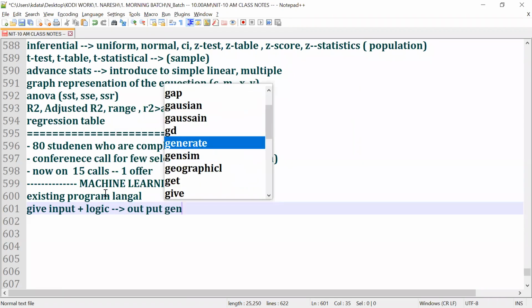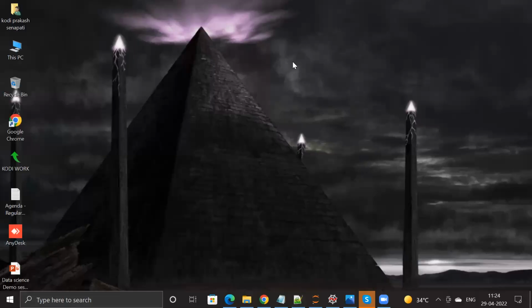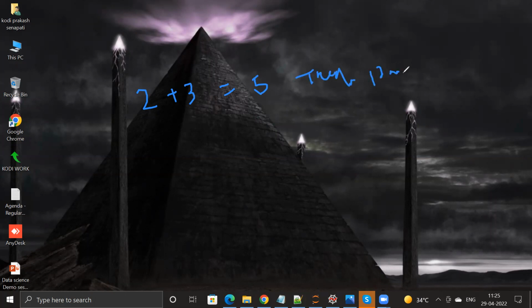Agree or not, guys? Now, let me plot a graph here. So I feed the input variables, write a logic, and output is generated, isn't it? This is called traditional programming, guys.